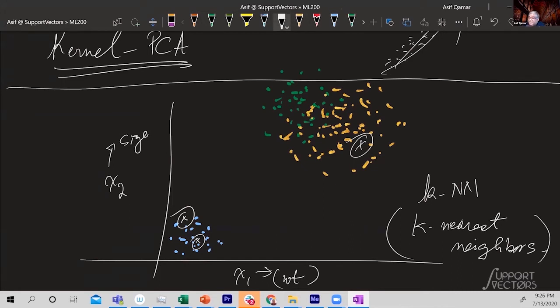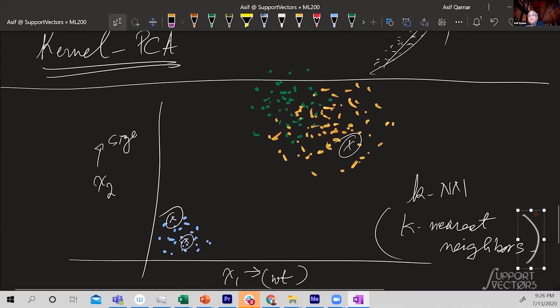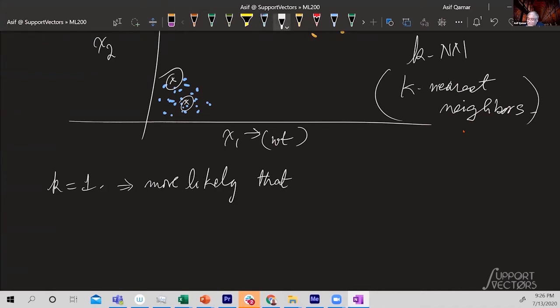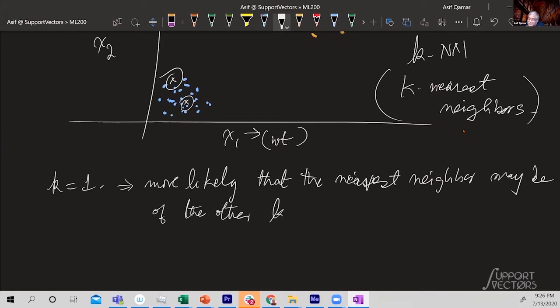I'm just recapitulating what we did. If you take k equal to 1, you can often get it wrong, accidentally or by chance more likely, that the nearest neighbors may be of the other kind. So let's look at this example.